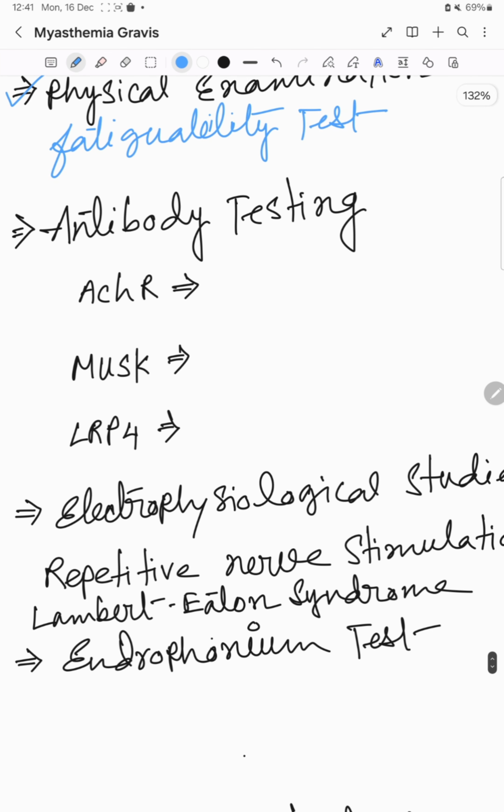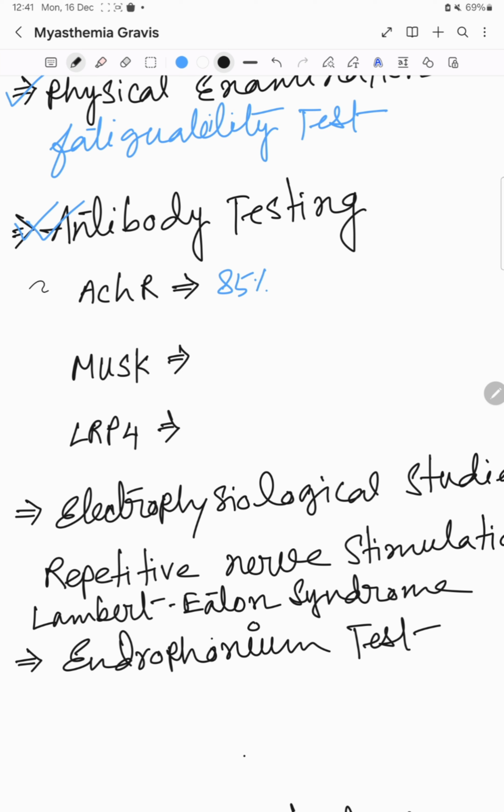And the last thing is antibody testing. We can test for anti acetylcholine receptor antibodies in 85% of cases. We found that in 80 to 90% of cases of generalized myasthenia gravis, they have developed anti acetylcholine receptor antibodies.